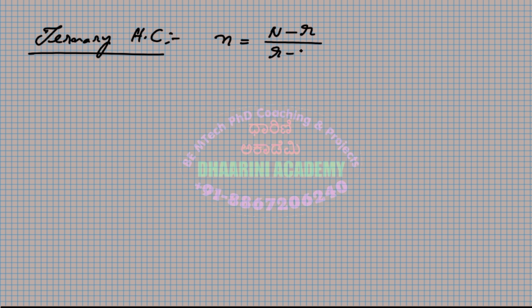All right. So there is a small difference between the binary and the ternary, quaternary, or higher order codings. The difference is you just have to remember one equation. The equation is given by n is equal to, this is small letter n, equal to capital N minus r divided by r minus 1.